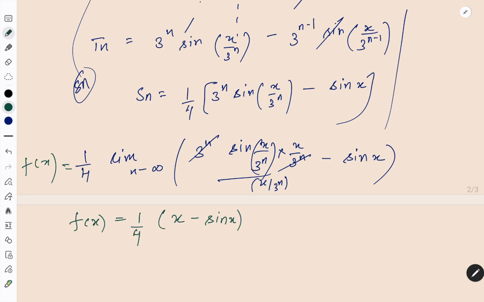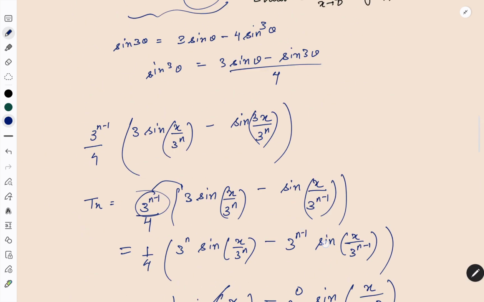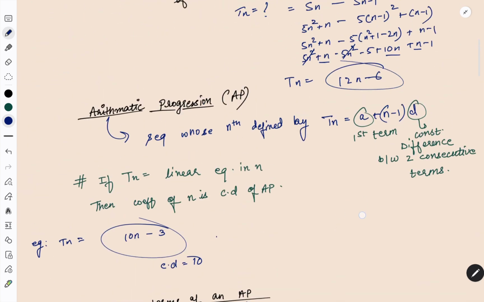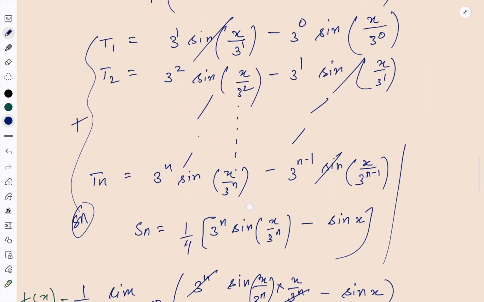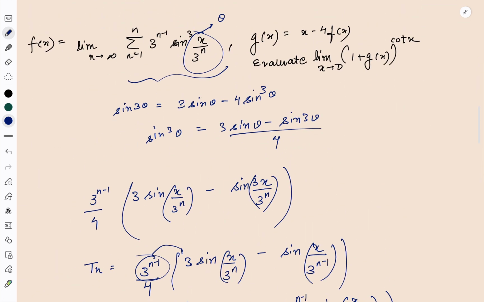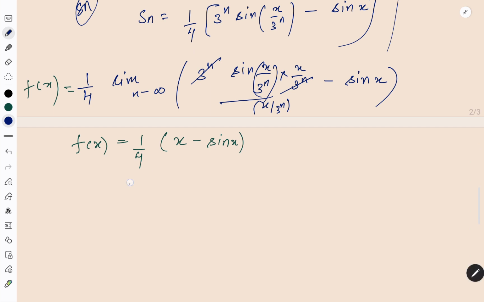Sorry students, there was an interruption, so let me continue solving this problem for you. We had already got f(x), and now, sorry for my accent though. Yeah, so we need to see that g(x) is x minus 4 times f(x). So g(x) was x minus 4 times f(x).